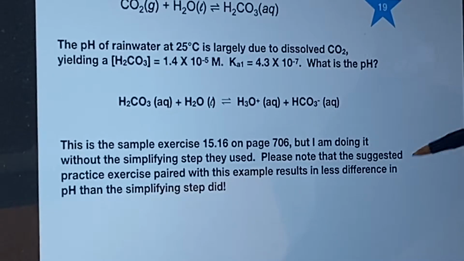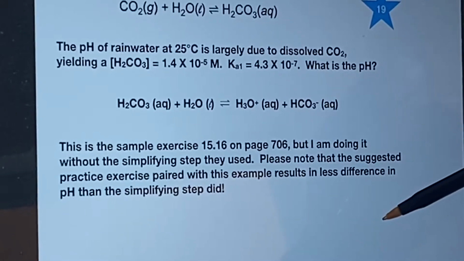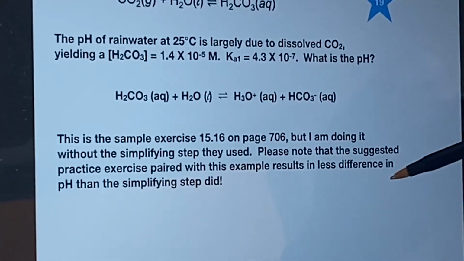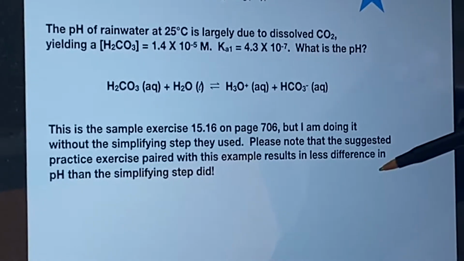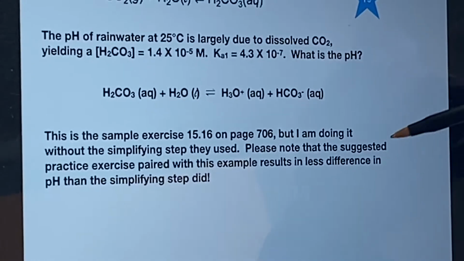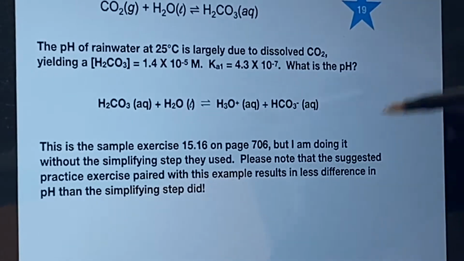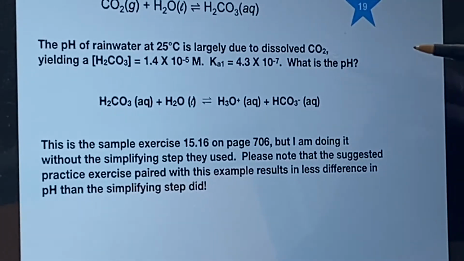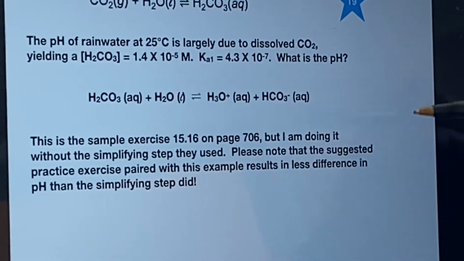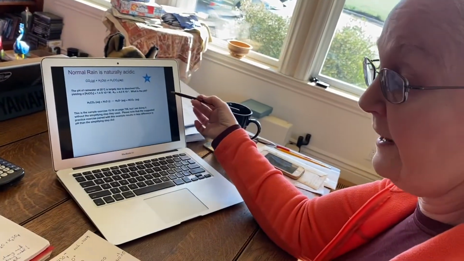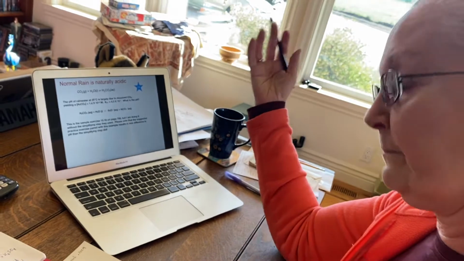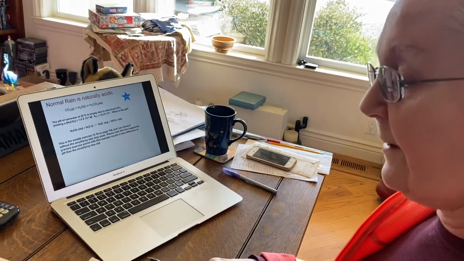And you should compare the two ways so that you can see what goes on. The simplifying step makes it sound as if there is more difference in the pH than there actually is. This is not surprising. It's a simplifying step, so it's going to be a little less accurate, and so you get a bigger difference, okay? So we should not be surprised by that.